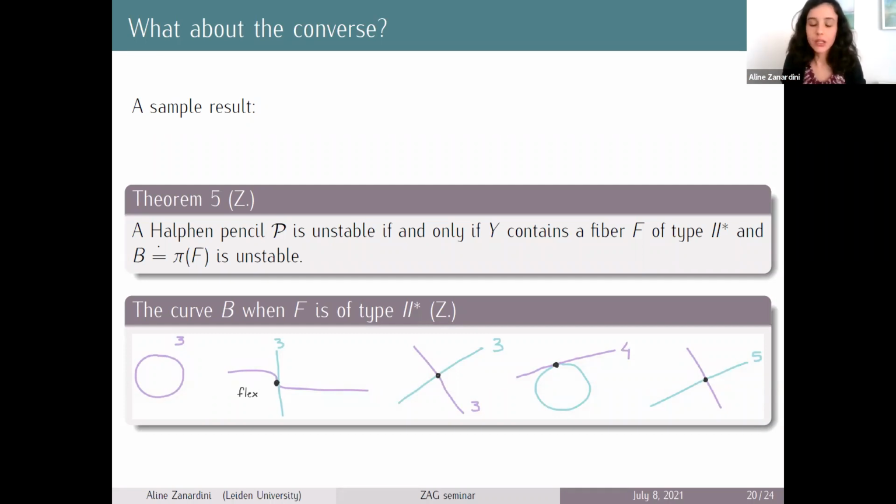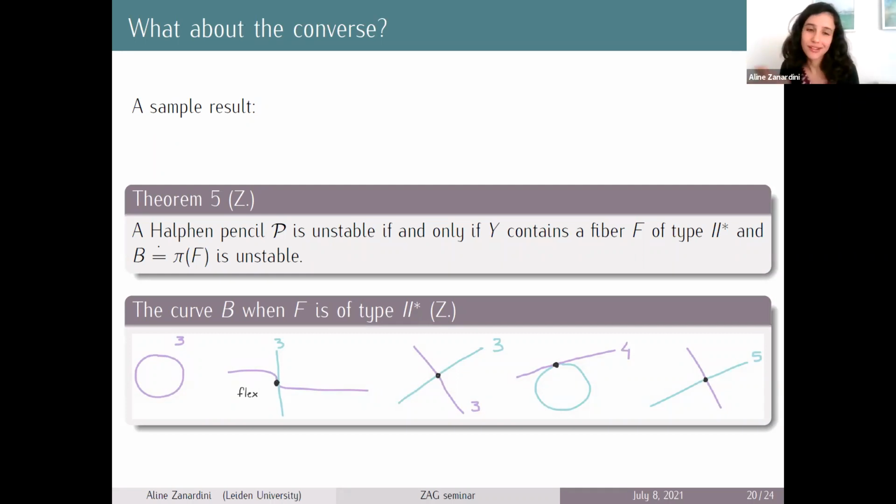Okay. So to finish, I would like to go over an example of a pencil that yields a fiber of type II star in the elliptic surface, just to show you how really knowing what the curve B looks like helps you determine the stability of the pencil.